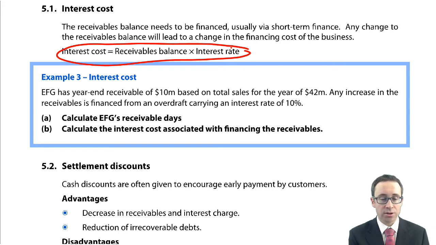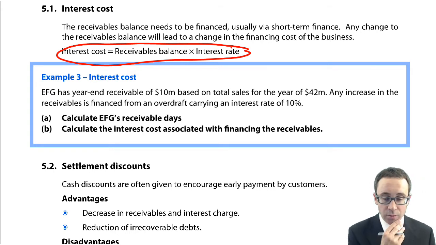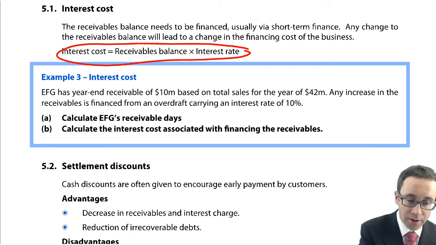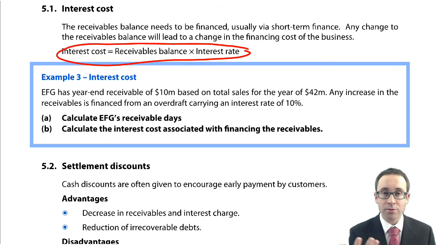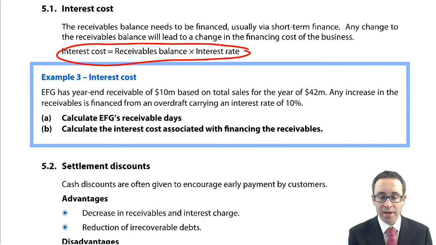So if we have a look at the example, which is referred to as your interest cost, it wants two things. First of all, it wants us to work out our receivable days. And then secondly, it wants us to work out the interest cost associated with financing the receivables. Hopefully you can remember how to work out your receivable days.